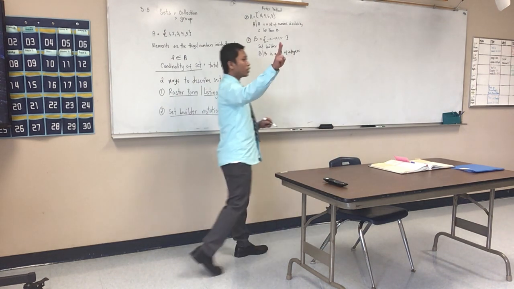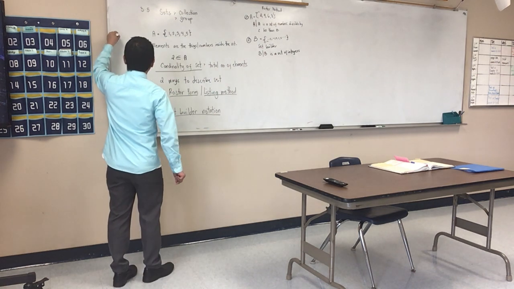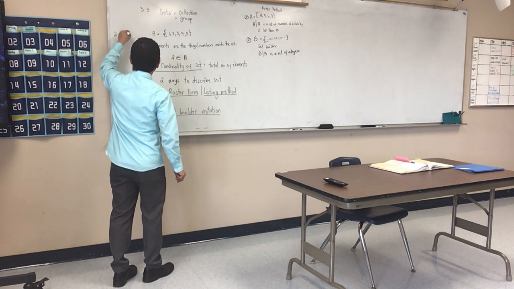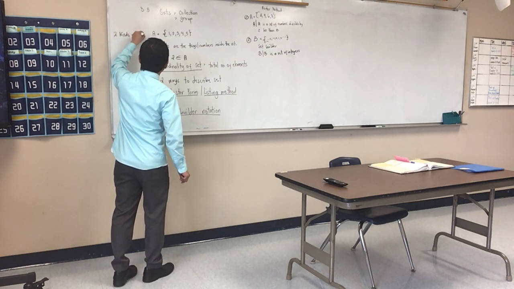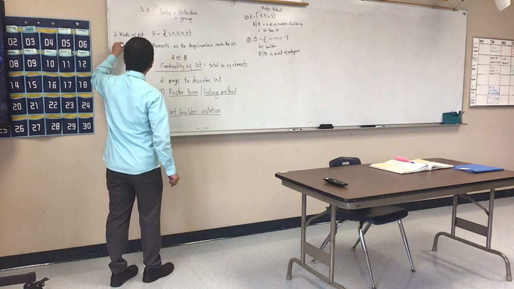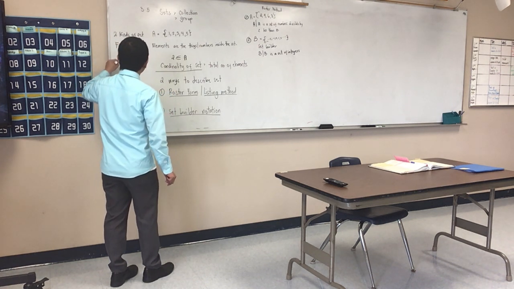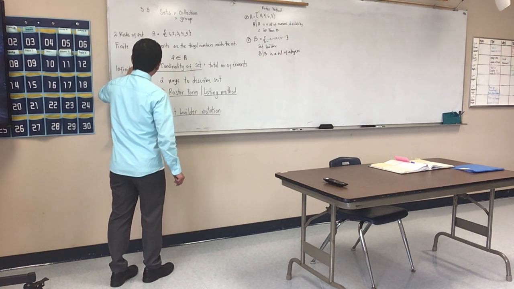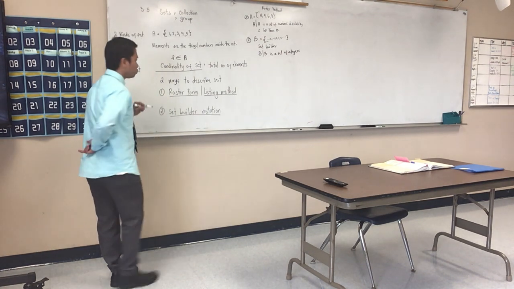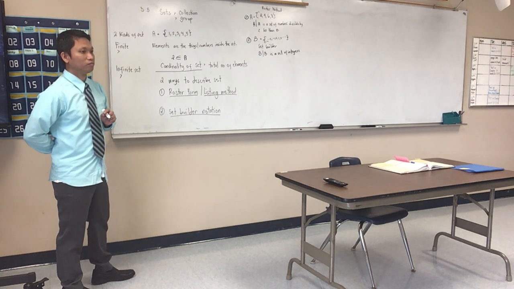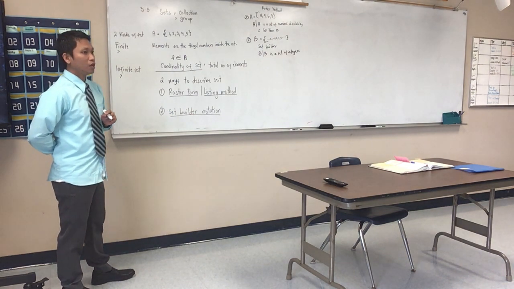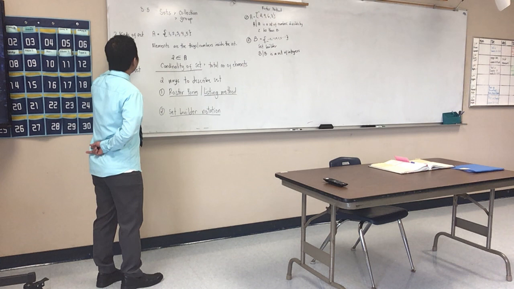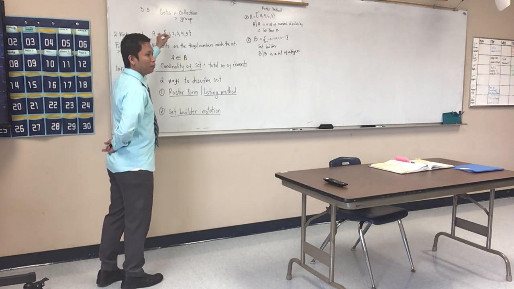We have two kinds of set. The first one is the finite set, and the second one is the infinite set. So what's the difference between the two? Finite means it ends. It has an end. We have an exact number of elements.